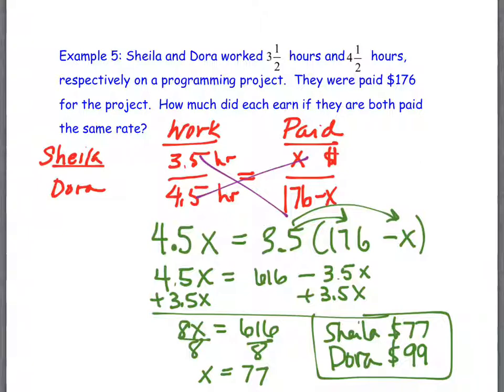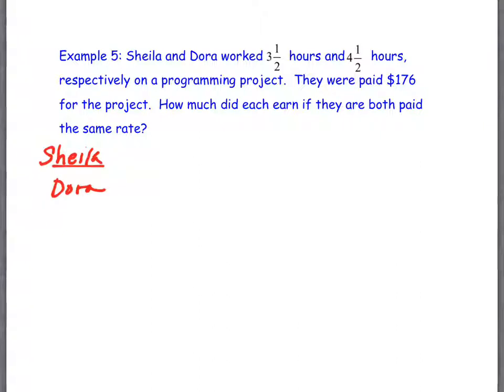So what we're seeing happen here was a comparison between Sheila and Dora. Agreed? Okay, so I'm going to erase this and start a different process. I want to compare Sheila, and we could likewise use Dora, to the total, like the combined effort. And I'm still going to use a proportion, and I'm still comparing the amount they work and the amount they get paid.